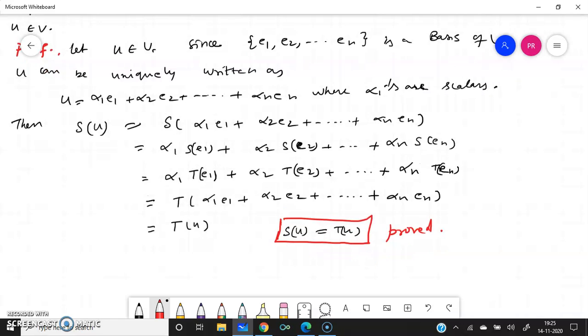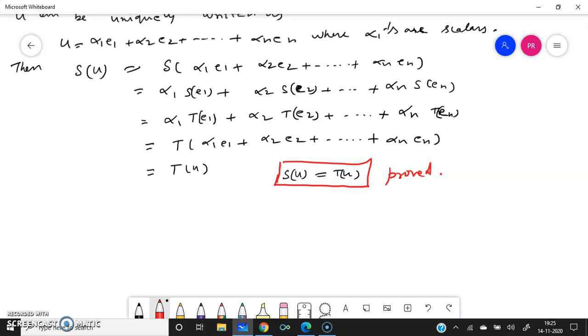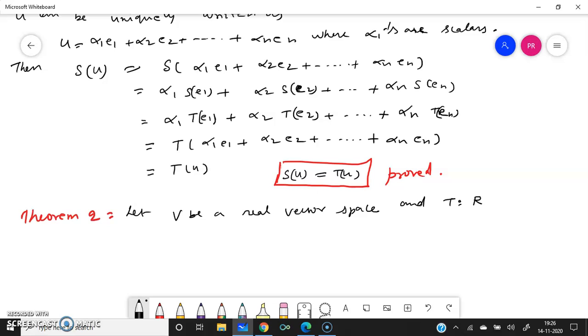Now we go to theorem 2. What is theorem 2? Let V be a real vector space. It is given that V is a vector space and T from R to V be a linear transformation.